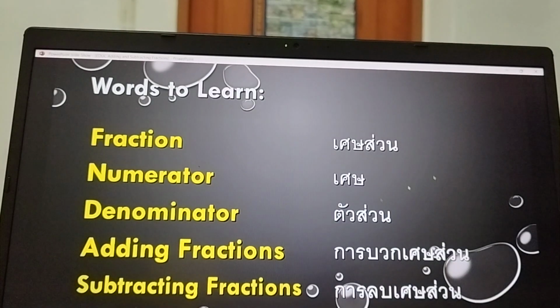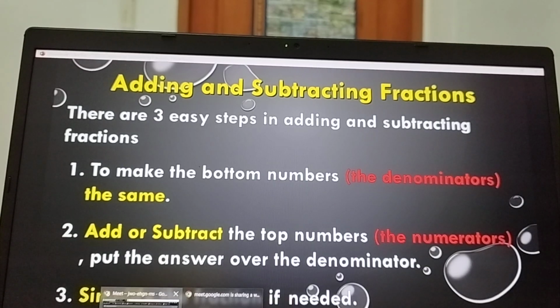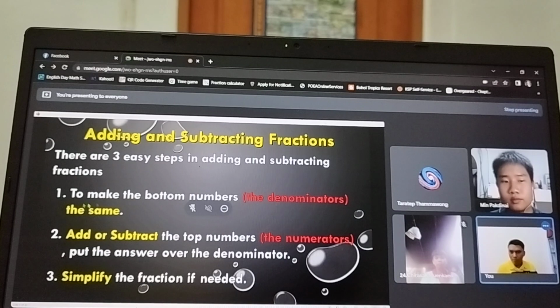Very good. Now let's go to the next slide. So these are the steps that you need to memorize or understand to add and subtract fraction. There are 3 easy steps. First step, make the bottom number, the denominator, the same.